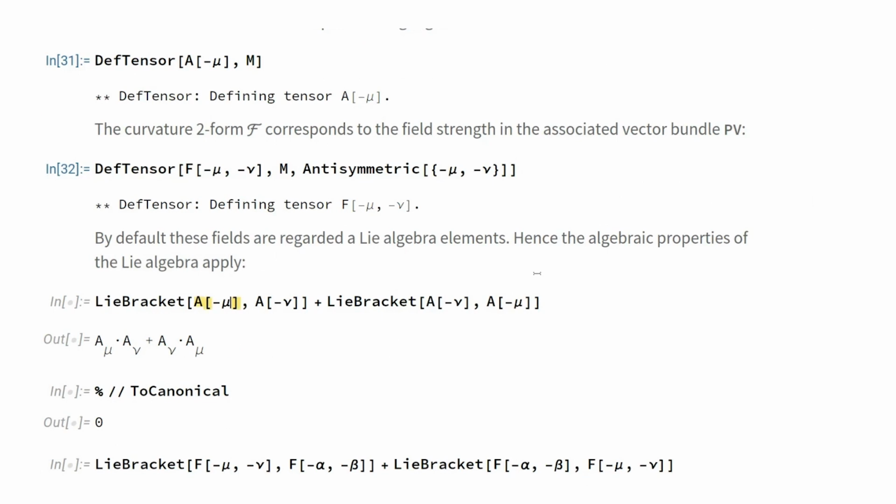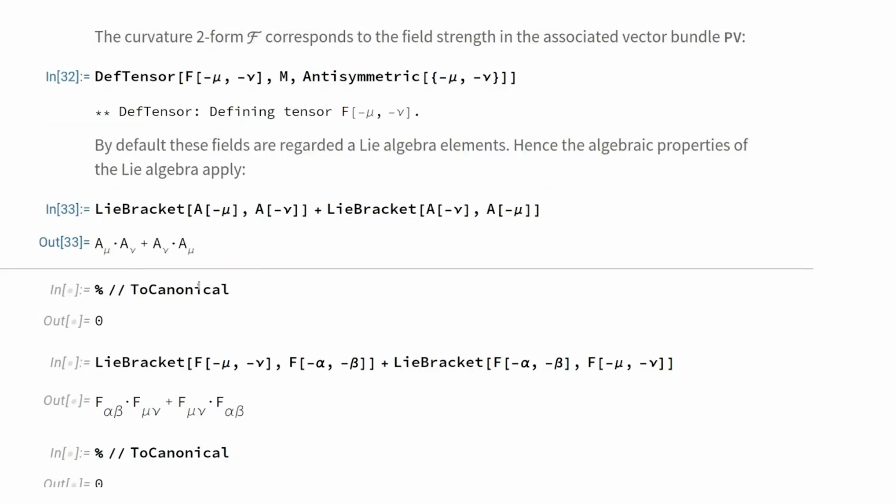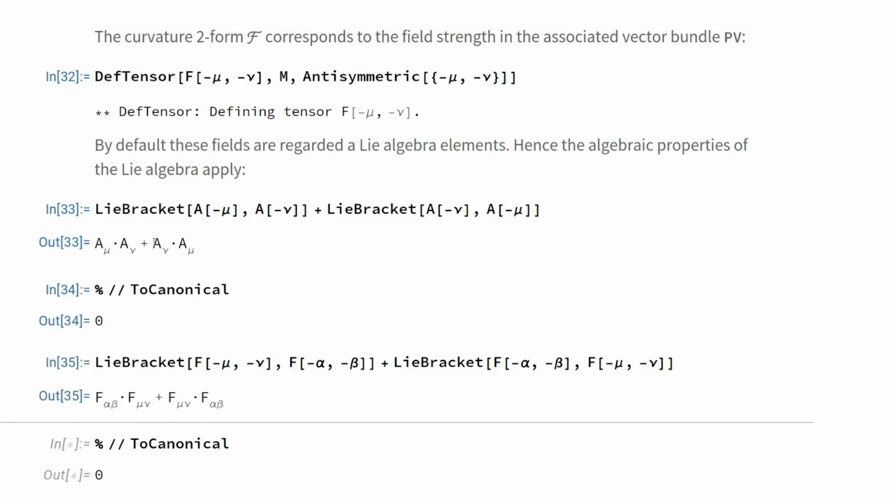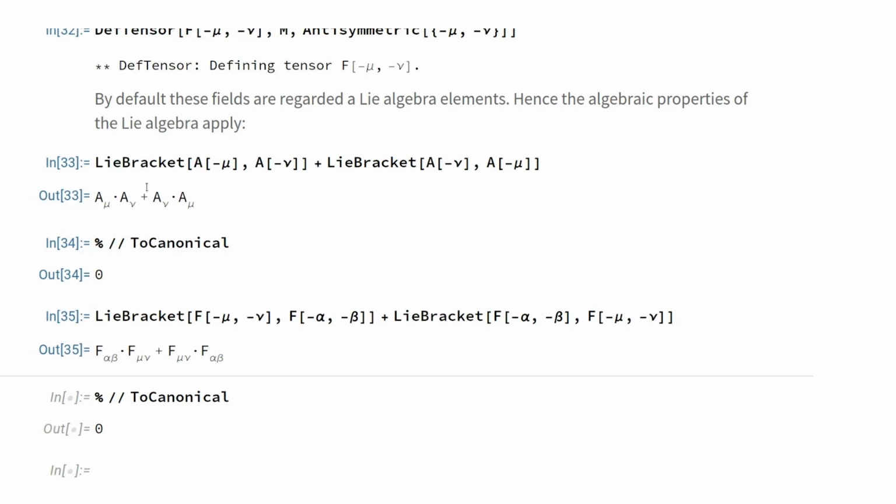So the Lie bracket works as expected. That means that the gauge potential and the field strength are now Lie algebra valued tensor fields. So we can multiply them with the Lie bracket, and the canonicalizer knows the properties of the Lie bracket.